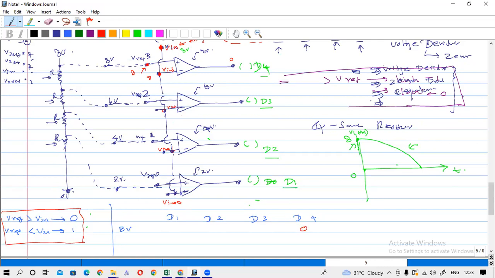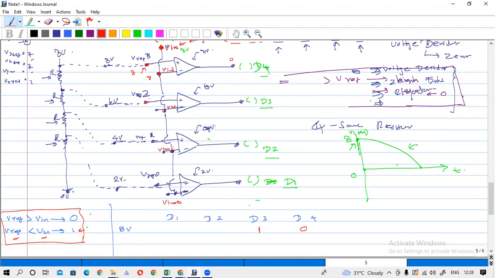Let's say that D1. So you have 6 volt here and 8 volt here. So V in is greater than Vref, so it is in this condition. So we have 1 here.